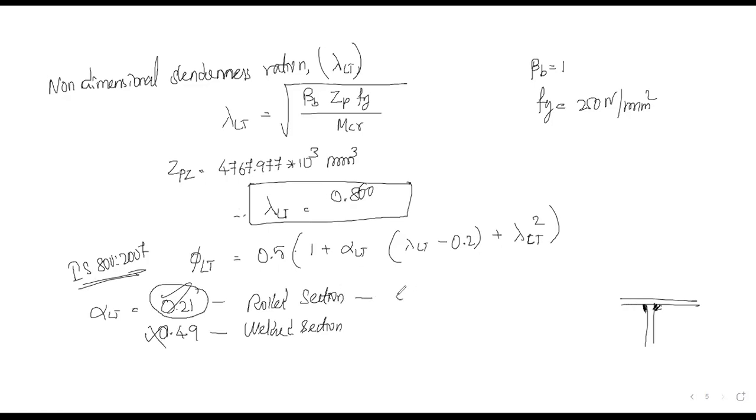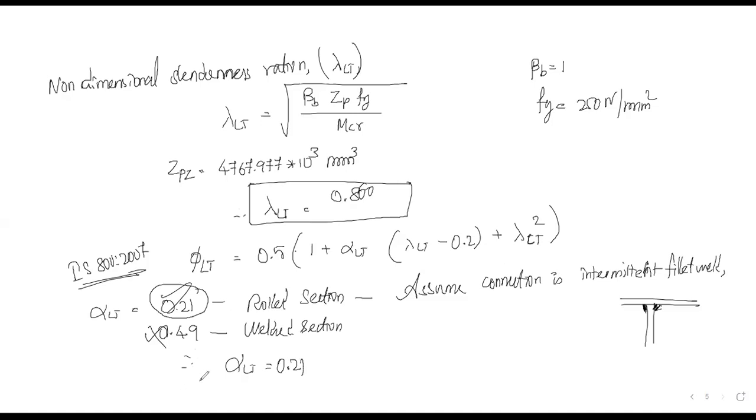So assume the connection of the I section is intermittent fillet weld. Therefore, alpha LT is equal to 0.21.